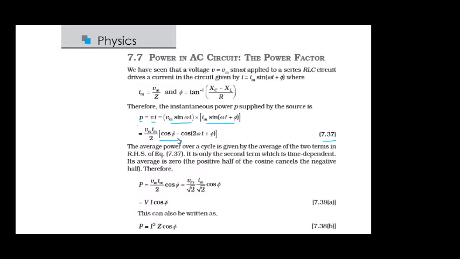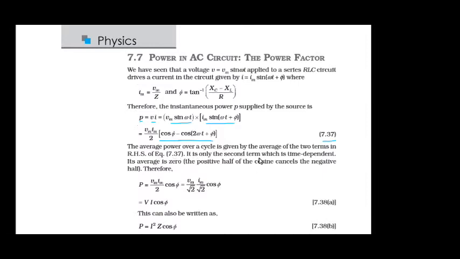This value can easily come by the trigonometric formulas. Just implement the trigonometric formula, and it will automatically give this value. Now the average power over a cycle is given by the average of two terms in the RHS of equation 7.37.